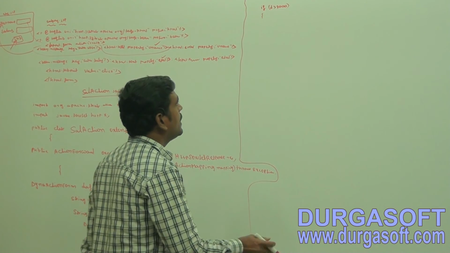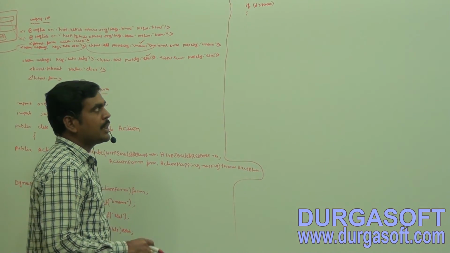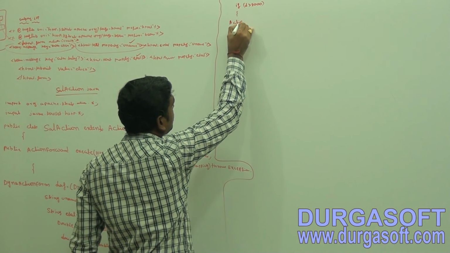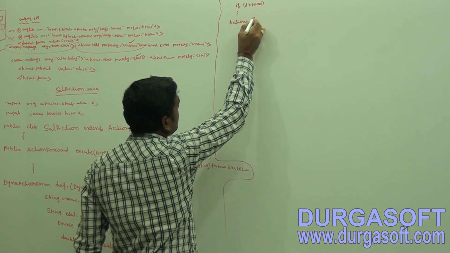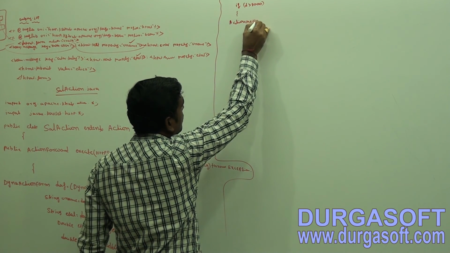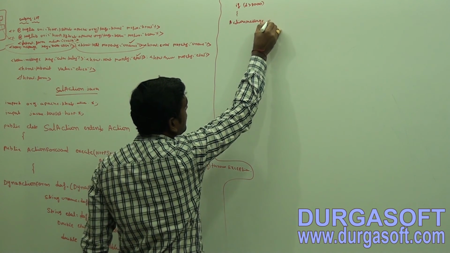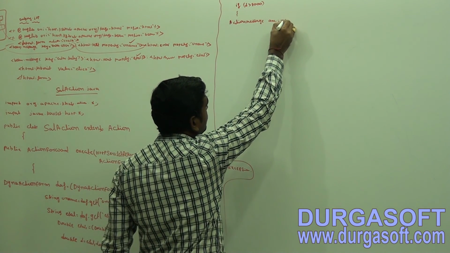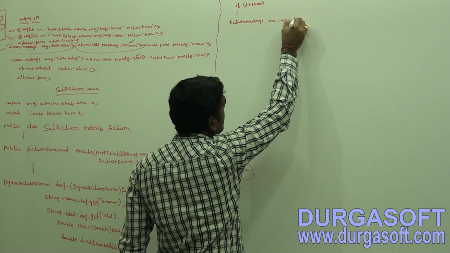So if we want to display that message, what do we have to do here? ActionMessage am1 is equal to new ActionMessage.